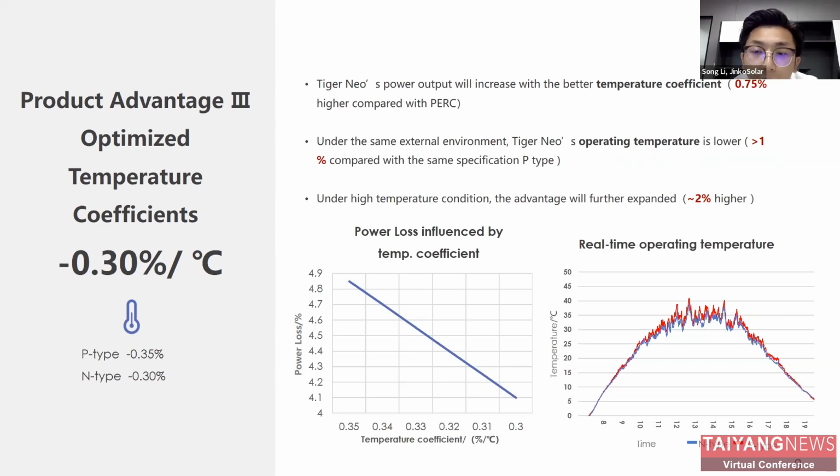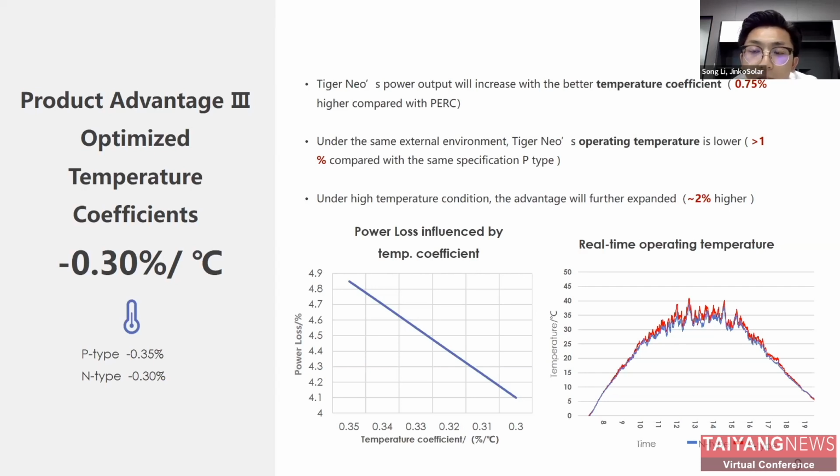Combining these two advantages, the power generation can be increased by up to 2% in high temperature areas.